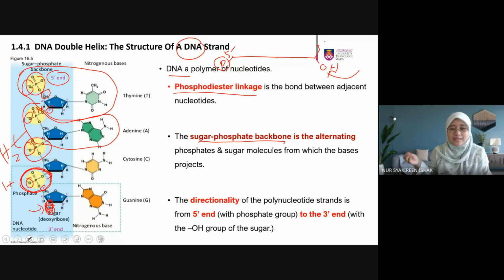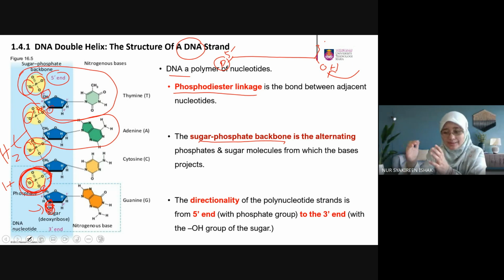Negatively charged. And this is important for you to know, because the knowledge of the fact that DNA is negatively charged will be applied during chapter 2.